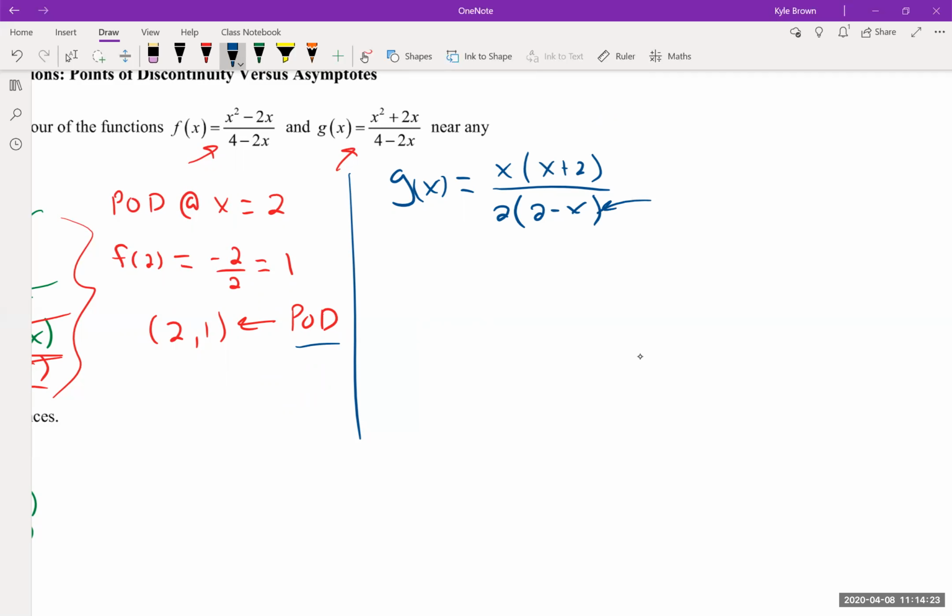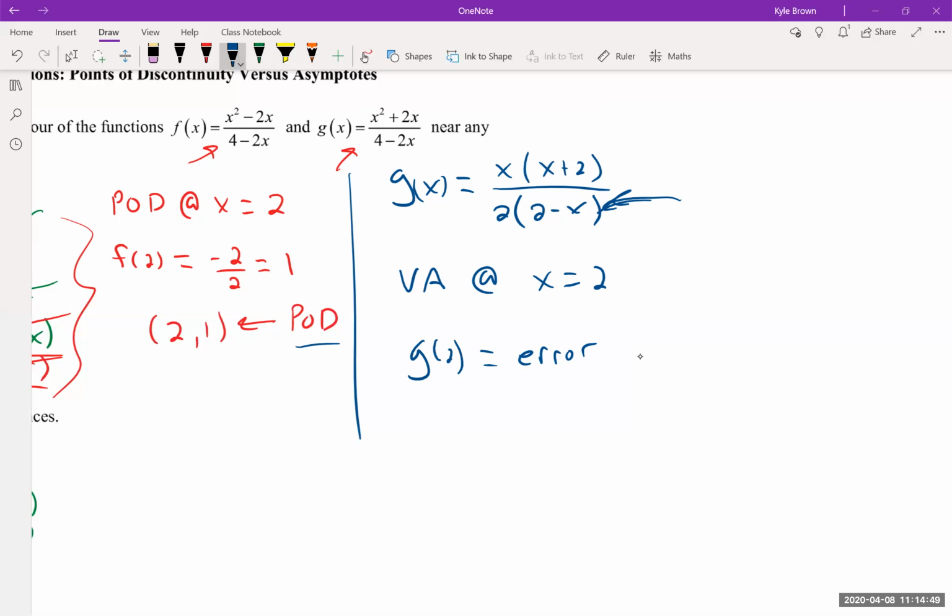We're going to have a vertical asymptote, so a VA at x is equal to 2. And then this one will be a little different. If I try to put in 2, like g of 2, into this equation, so just put 2 everywhere that there's an x, I'm actually going to get an error, which makes sense because it's going to make me try to divide by 0.